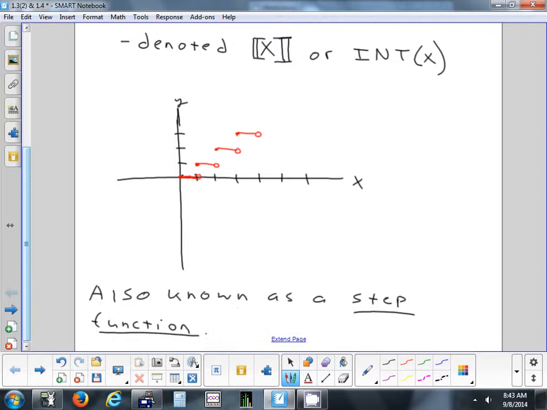Anybody think of where that kind of function is used for something kind of real life? Think about maybe when you're paying for things. Is there any time that you pay the same amount for a range of things? It doesn't matter if it's between this amount and this amount, you pay the same price. But then if it goes above that amount, then there's a different price between two other values.